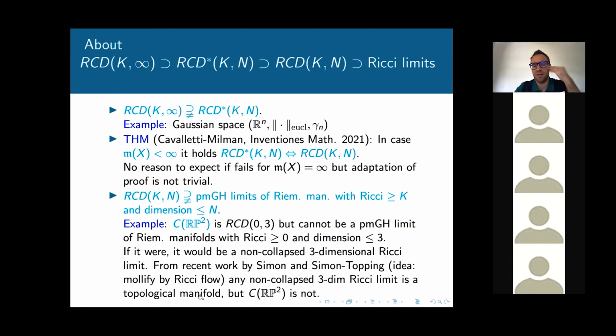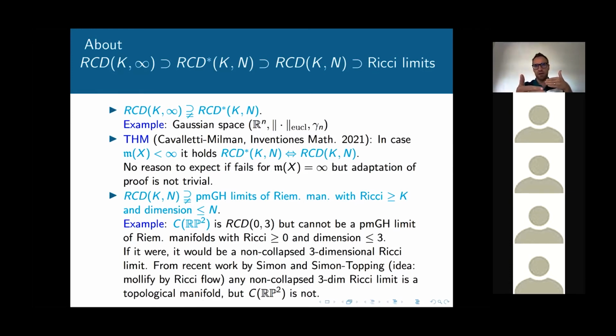So the basic idea of their work is that they start from a sequence of smooth three-dimensional Riemannian manifolds with Ricci curvature bounded below, which are converging to a limit space. They want to get some better estimates on these manifolds, so they modify the metric via the Ricci flow.